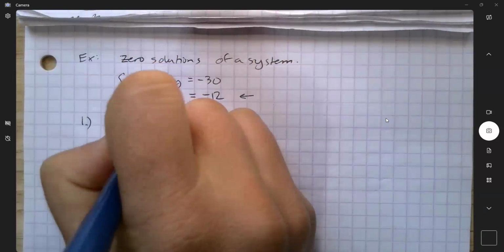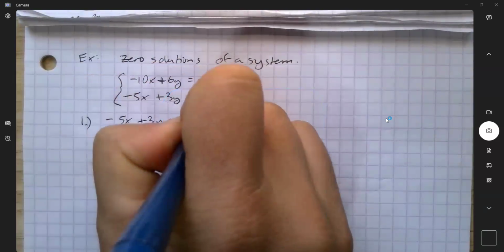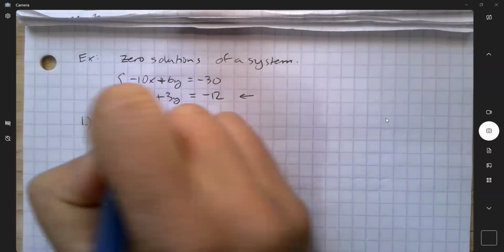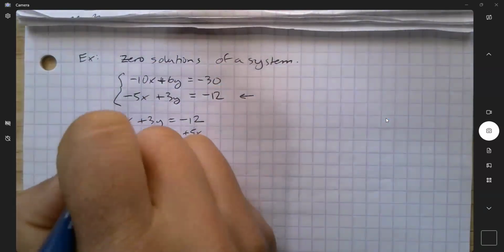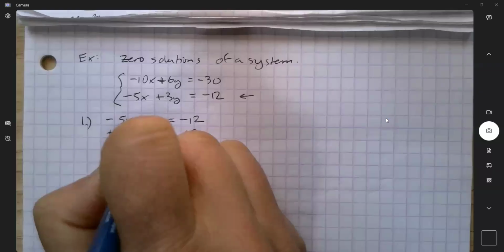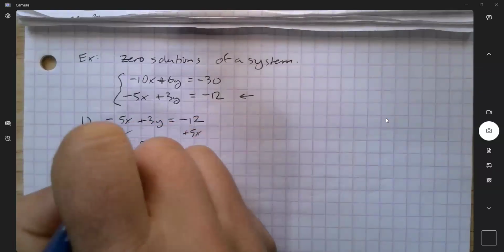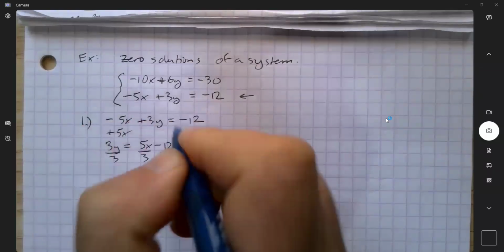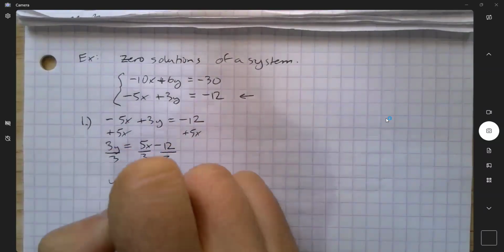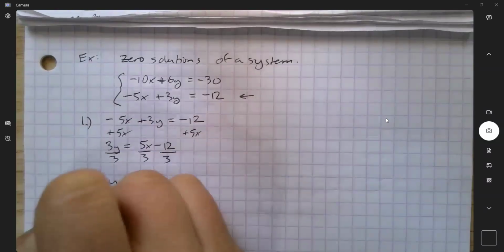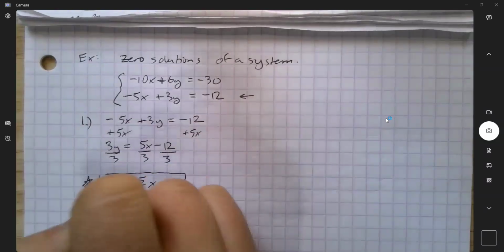Minus 5x plus 3y equals negative 12. So I'll add 5x to both sides. And I get 3y equals 5x minus 12. And when I divide both sides by 3, I'm going to get y equals 5/3 x minus 4. So there's my start equation.